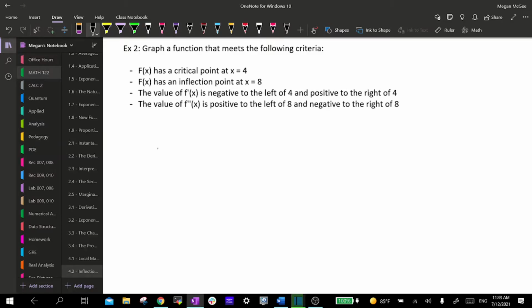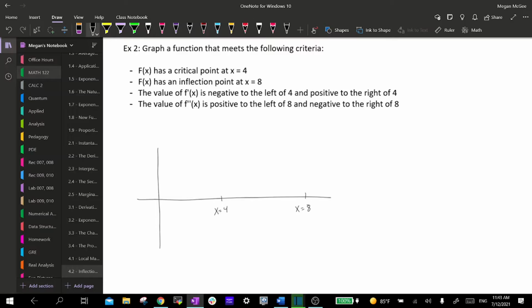Alright, so let's go ahead and draw ourselves some axes here. I'm going to label x is equal to 4 and x is equal to 8 because those seem to be the main points here. So f of x has a critical point at x is equal to 4.